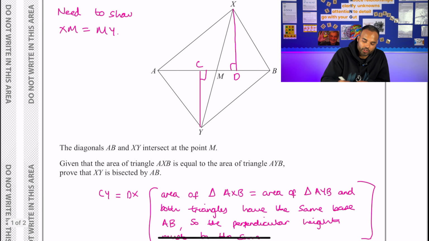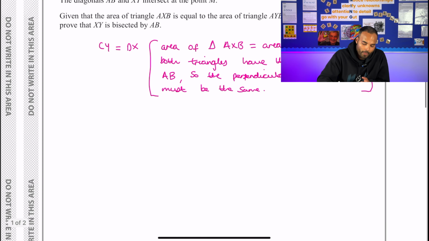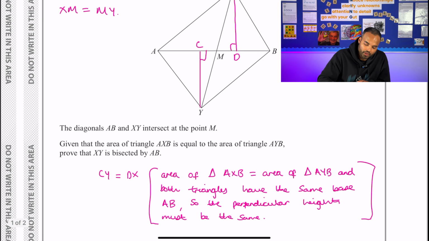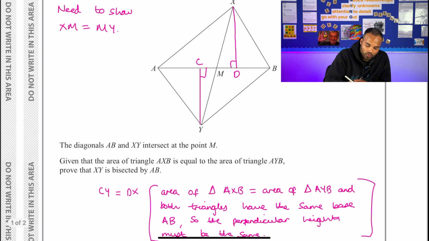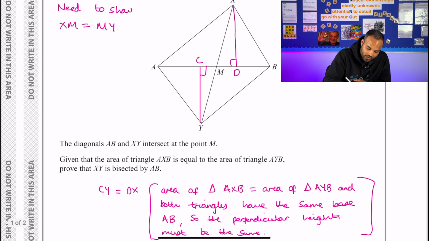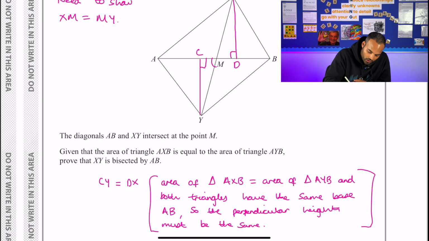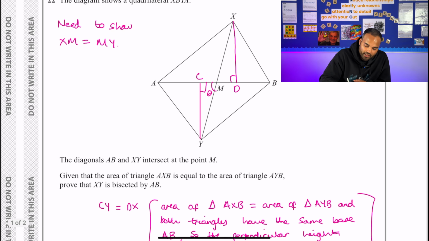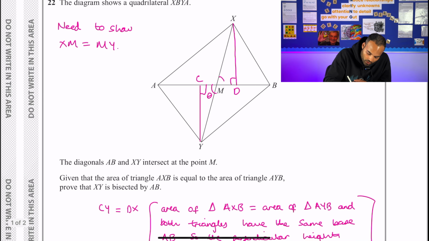Remember our goal? We're trying to show that XM is the same as MY. Now the next thing I'm going to do in these triangles that I've drawn here, in triangle CMY, I'm going to label this angle, angle CMY. I'm going to call that theta. I don't know its exact value, but I'm going to call it theta. And in the other triangle, triangle XDM, I will call this angle theta as well.